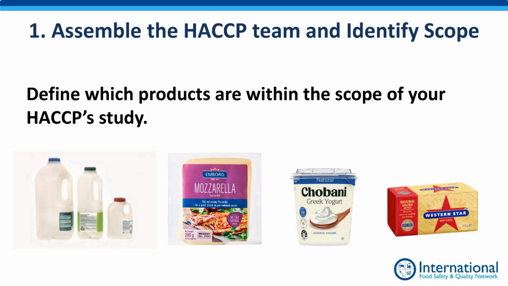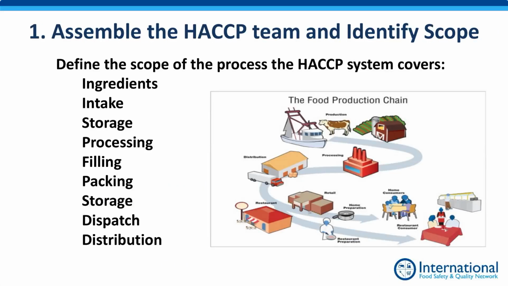Products with similar characteristics and processing steps may be grouped, such as different grades and sizes of pasteurized milk, different types of cheeses in another group, different types of yogurt in another group, different types of butter in another group, etc. Define the scope of the products and the processes the HACCP system covers, from ingredients intake right through to the customer.